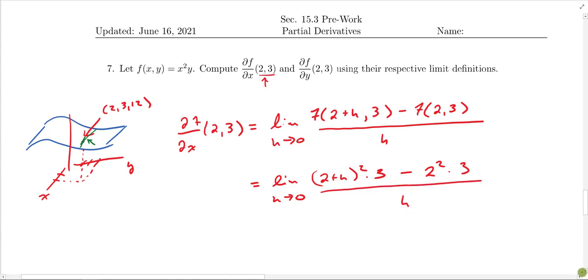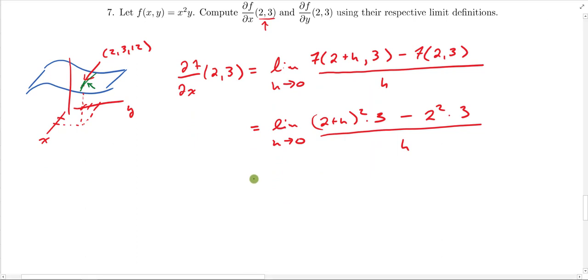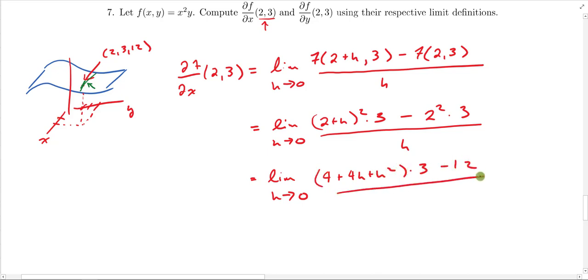So I'm doing the pointwise definition here. And now the limit techniques, because this is a limit in one variable, are similar to all of the techniques you used in Calc 1. So remember, our goal is to eventually try to cancel out a factor of h. If we did some foiling here, what we'd have is 4 plus 4h plus h squared, all times 3 minus 12 over h.